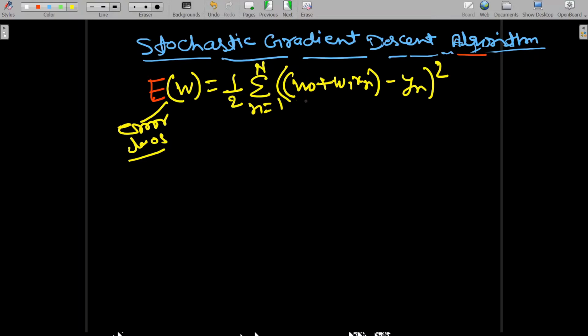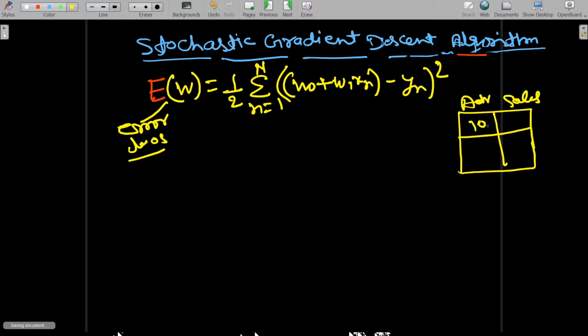How have we derived this? Let's recap it. We have data points. Let's suppose we have advertisement and sales. We put some money in advertisement, let's suppose 10 rupees or $10, and then we are getting 400 sales. When we put 20, we are getting 600 sales.